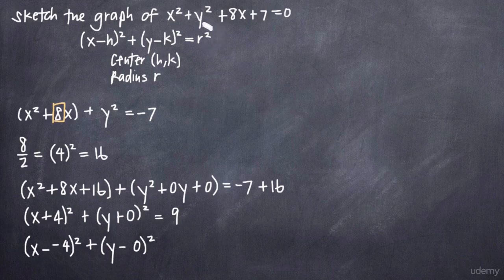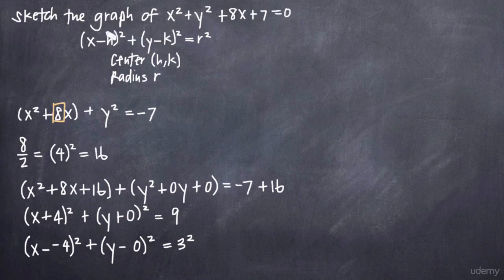And notice we have r squared over here on the right-hand side, so we could take the square root of 9 and call this 3 squared. Now our equation is in the exact same form as the formula we have up here for the standard equation of a circle, and we can identify different pieces of our formula.